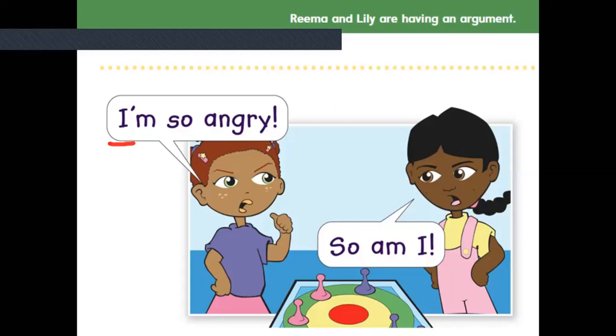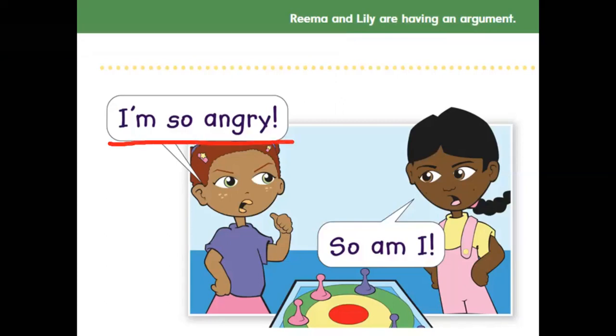It looks like Rima is saying, "I'm so angry." And Lily is saying, "So am I." They're having a disagreement, right? So they're arguing about something they're playing with. Have you ever had a problem like this? How did you solve your problem?